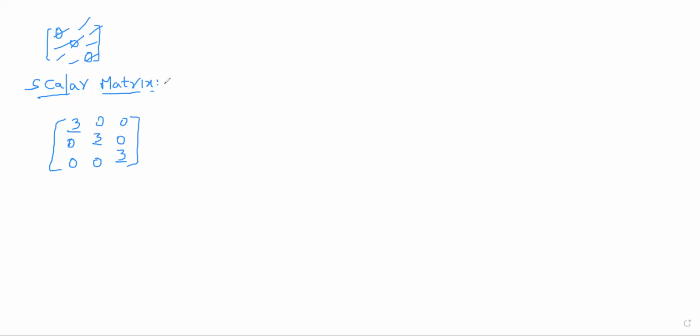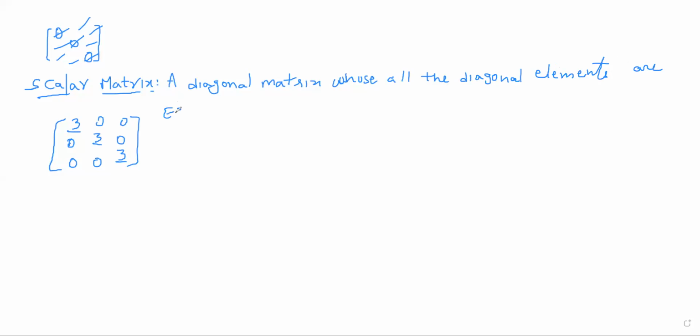So the definition of scalar matrix: a diagonal matrix whose all the diagonal elements are equal is called a scalar matrix.